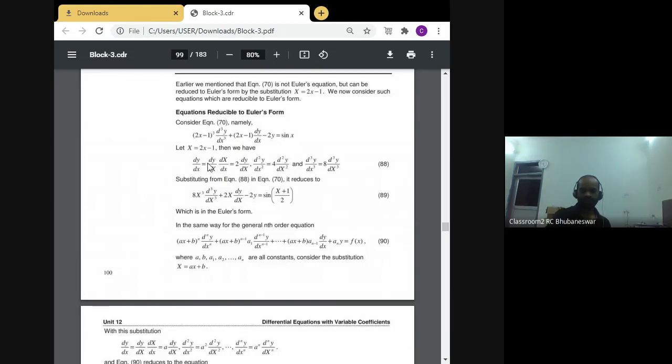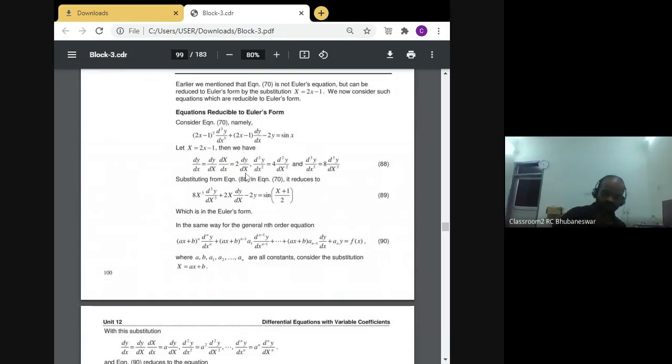We are using the chain rule here because capital X is a function of small x, so we cannot directly calculate the derivative of y with respect to x. According to the chain rule, the derivative of capital X with respect to small x is 2, so we get 2 into dy by dX.